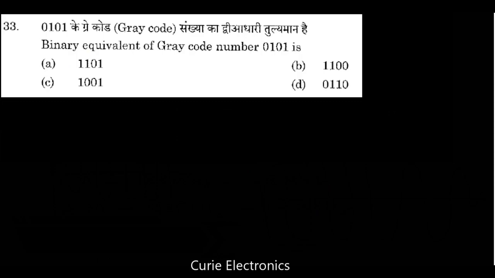Binary equivalent of gray code number 0101 is. He has given the gray code, 0101. This question you can easily identify.